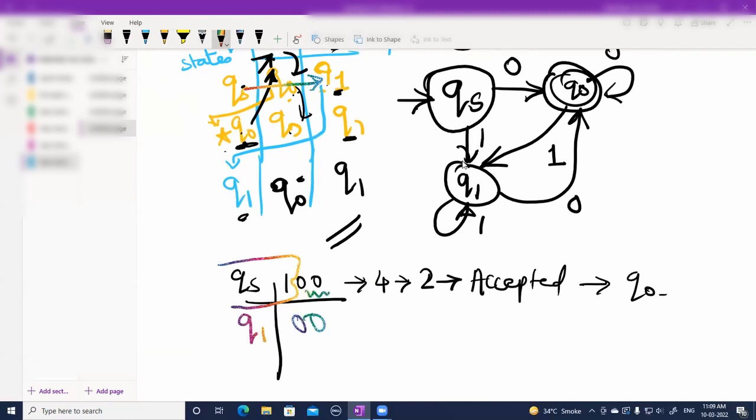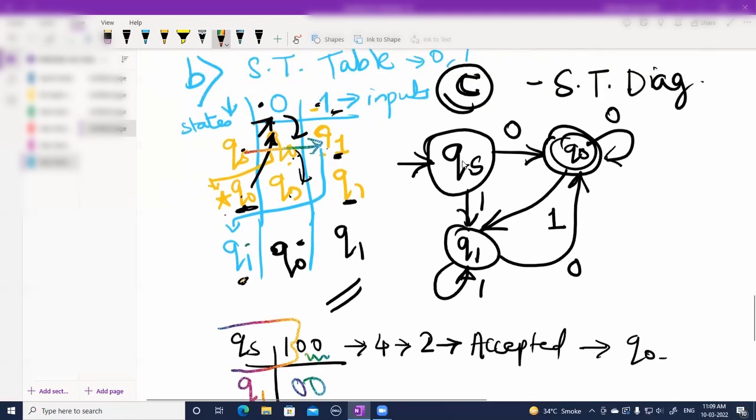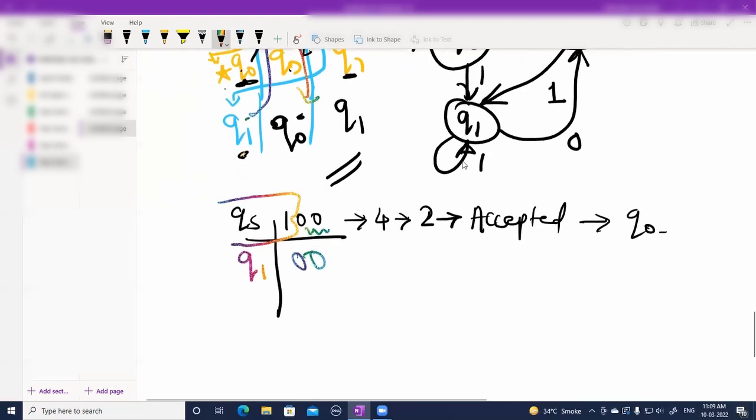Now we will write Q1 on 0. Q1 on 0 goes to Q0. So we'll write Q0. And what is the remaining string? Remaining string will be 0. So we have taken Q1 on 0, resultant state is Q0 and remaining is 0.